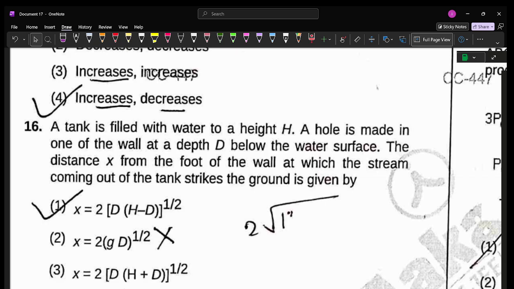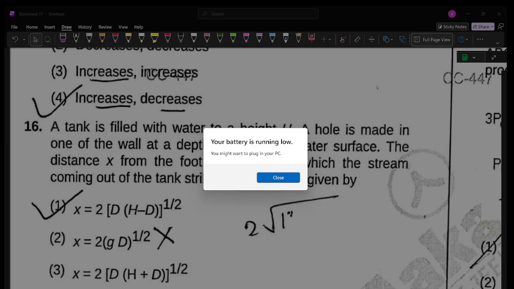If I consider it that way, and let's say they've given it as D, then putting D in the same formula, no difference, that's correct. Just have to remember it.